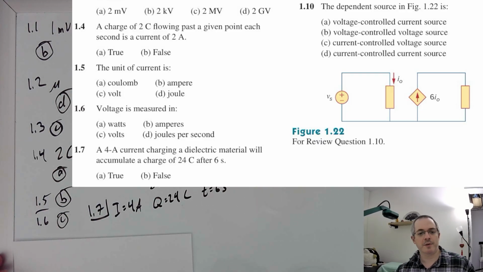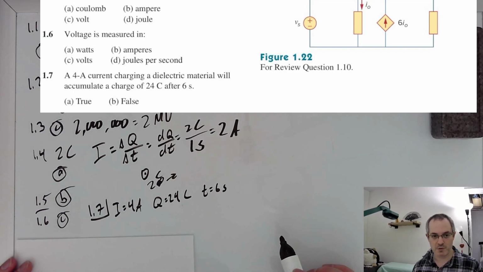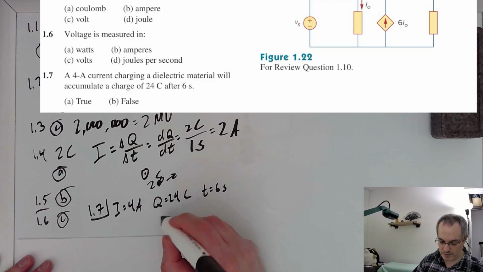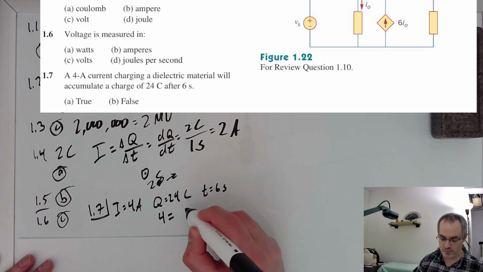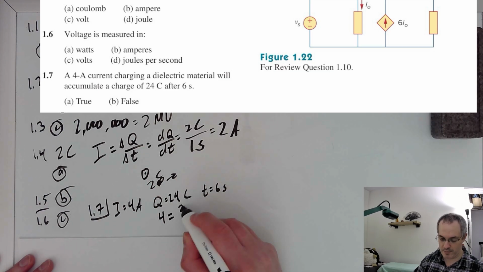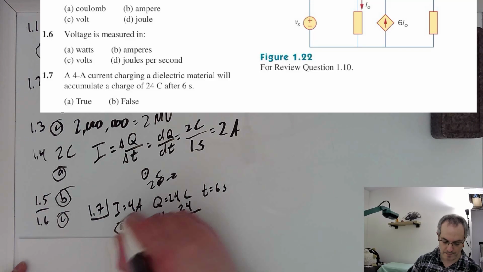So this is what we're talking about, right? We just did it up here, so this is the same sort of situation. Is this true? So we'll just pop it into there, and we have 4 equals the charge that has happened, 24, divided by the time, and that is true. So we're going to go with A.